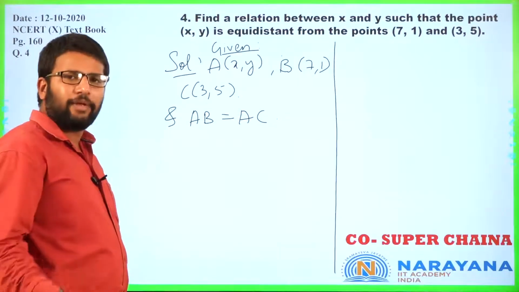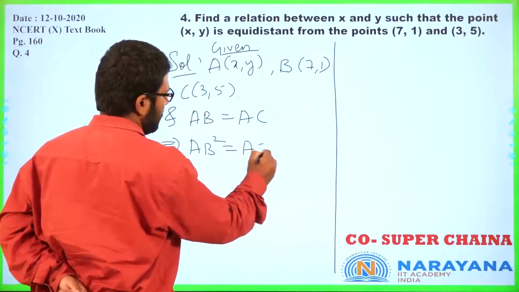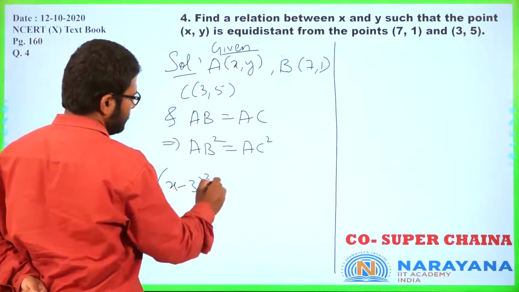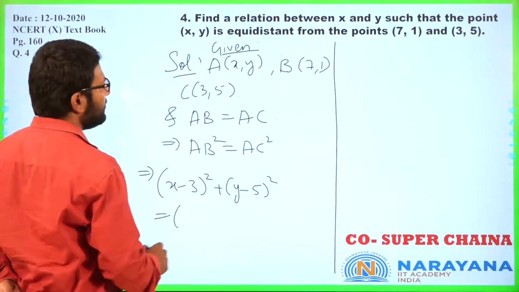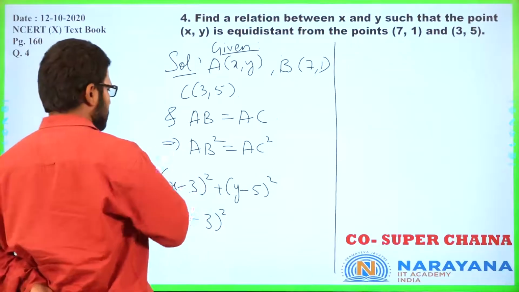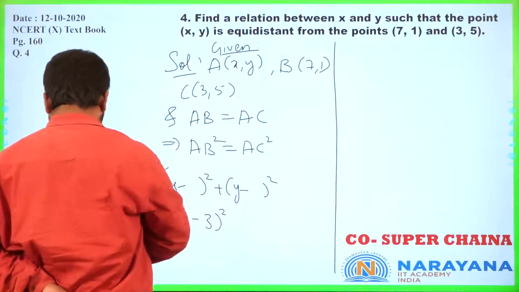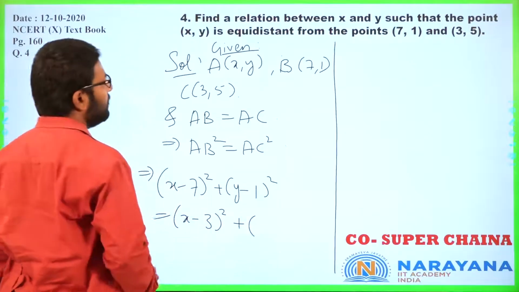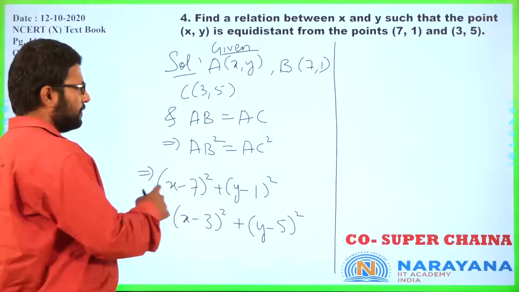Equidistant. So now we can just use distance formula. So AB square equal to AC square, which means apply x minus 3 the whole square plus y minus 5 the whole square equal to AC square. So we should have taken 7 and 1 here. Plus y minus 5 the whole square, right?